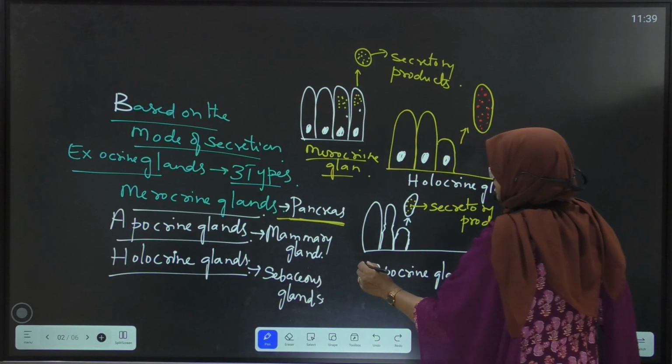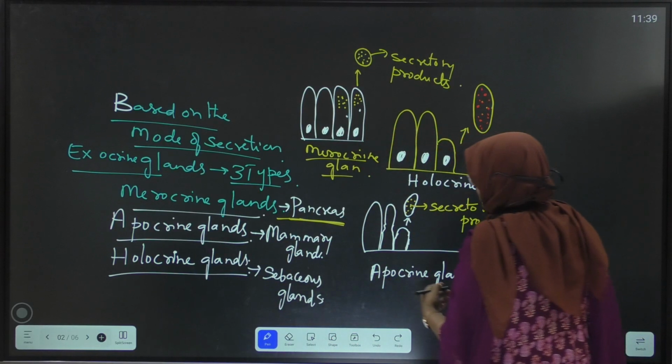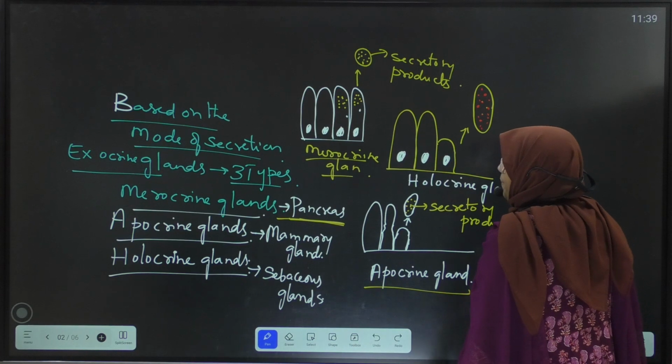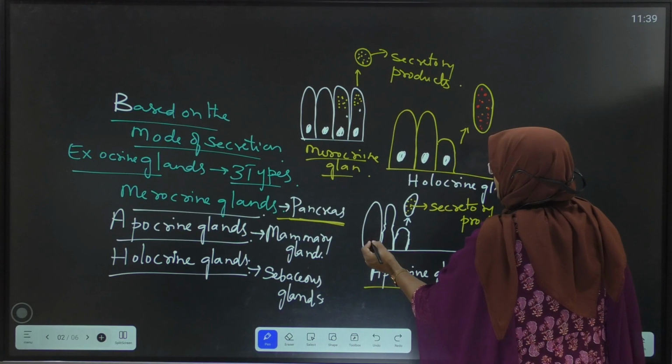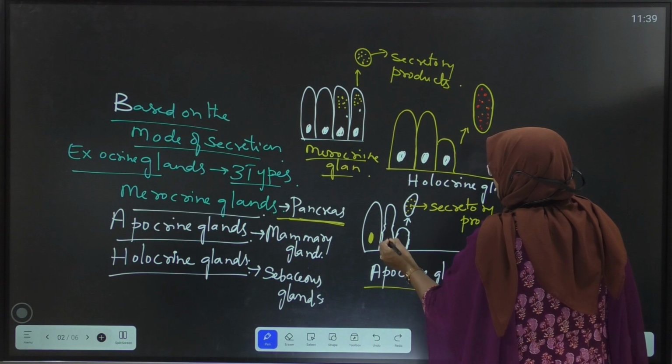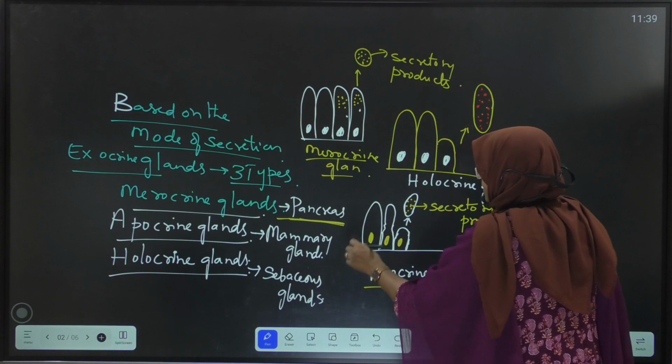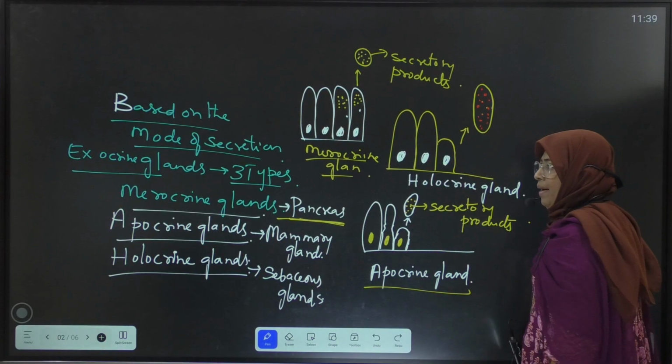Next, apocrine glands. Apocrine glands example is mammary gland. During the release of secretory products, what happens?